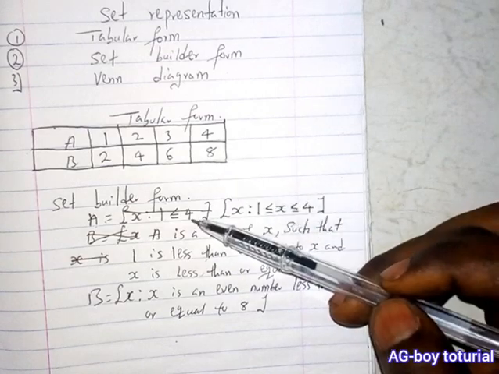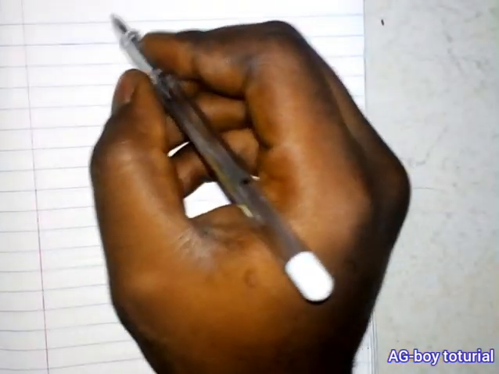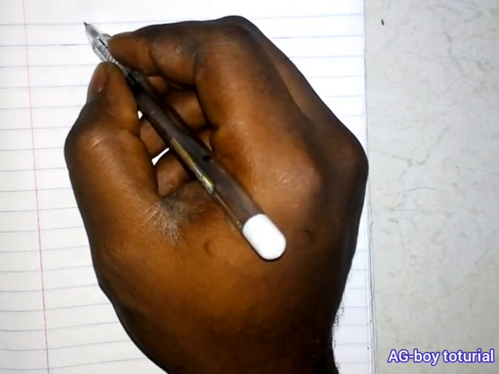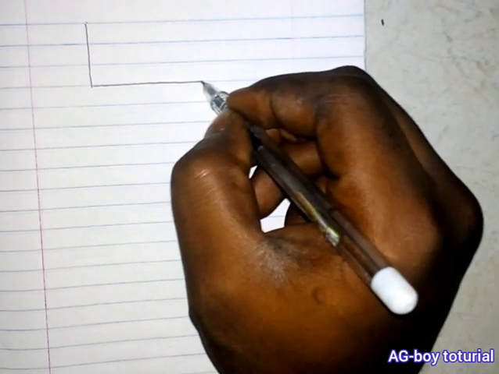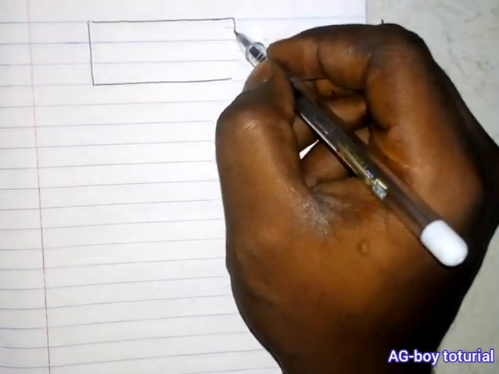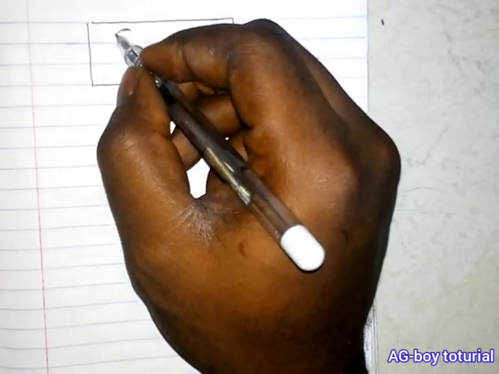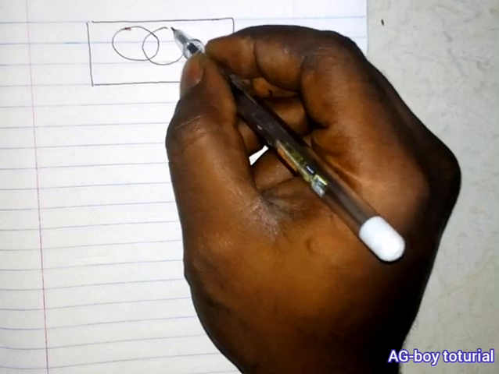Now let's go to the Venn diagram. A Venn diagram always comes with a box, with circles in between.